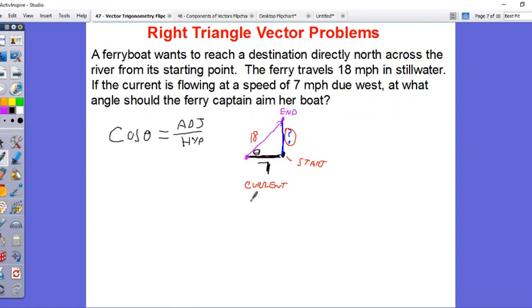Here the adjacent side is the current and the hypotenuse is 18. So the cosine of theta is equal to 7 over 18. Then theta is going to be equal to the inverse cosine of 7 over 18.